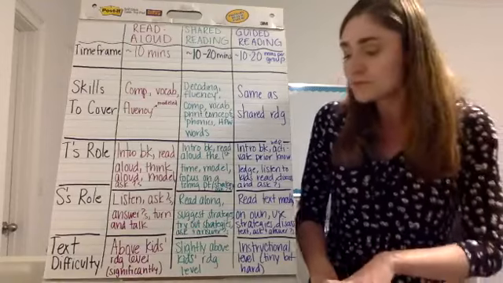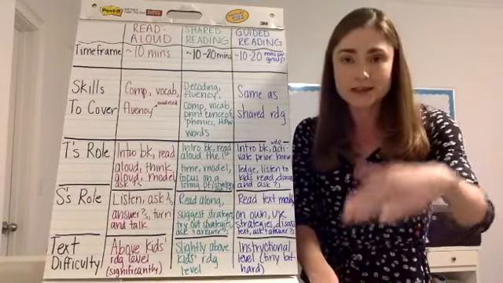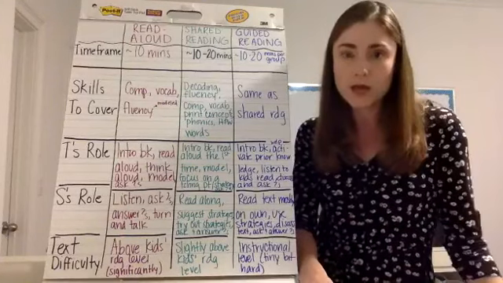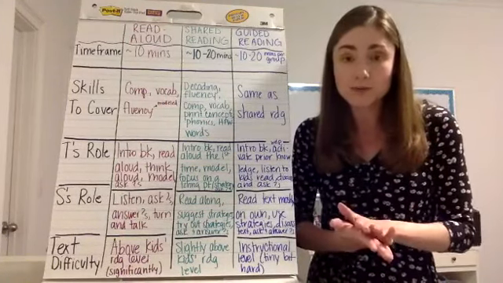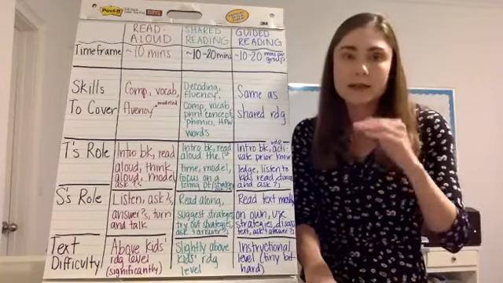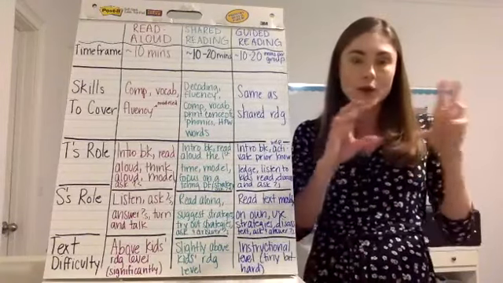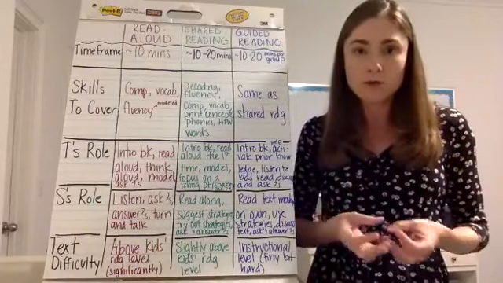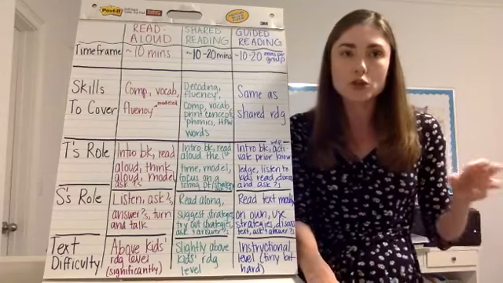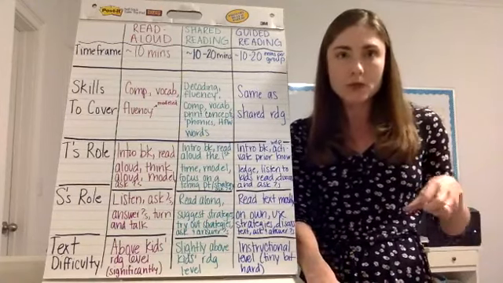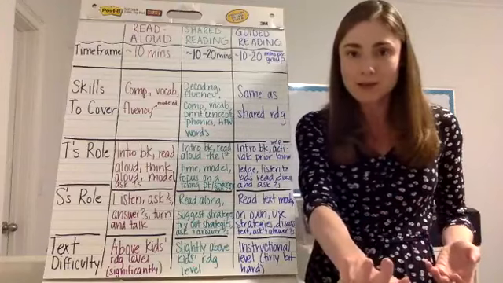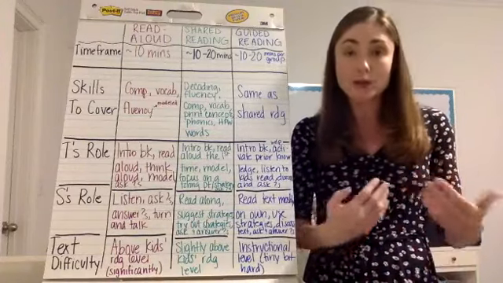Shared reading. For shared reading, I like to choose a text that's slightly above my kids' level, but still accessible to them with my help. And this is so great in preventing kids from getting stuck at guided reading levels, because if you pick for an average kid in your class, say most of my kids are at a level F, then maybe I'll pick a level G text, maybe a level H text, and you're helping them be successful in a harder text, but you're not giving it to them on their own because they're getting your help.